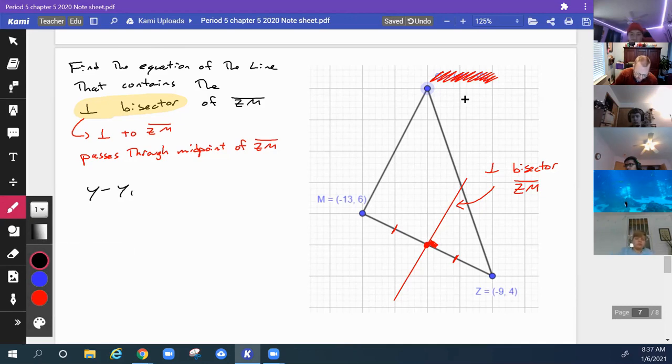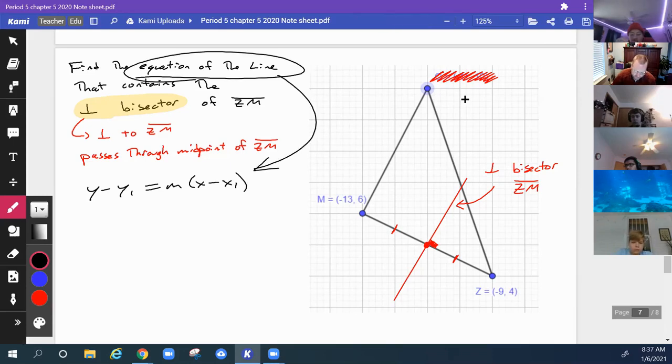It is y minus y1 equals m times x minus x1, because that is the equation of the line. I need a point and I need a slope. The point is going to be the midpoint of ZM, since it's going through that midpoint.